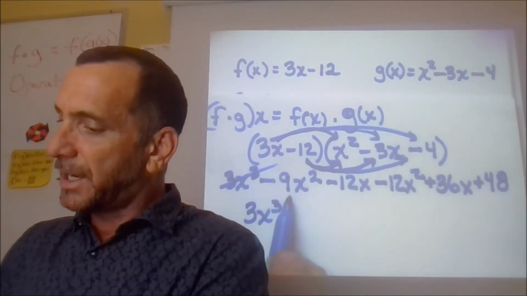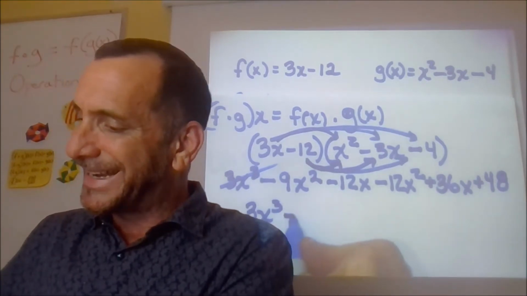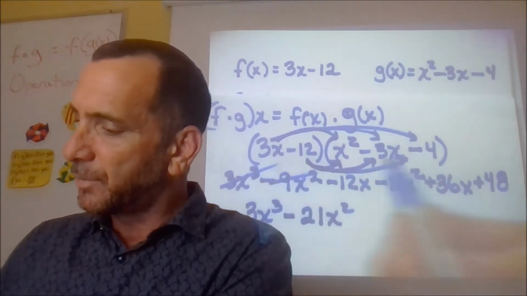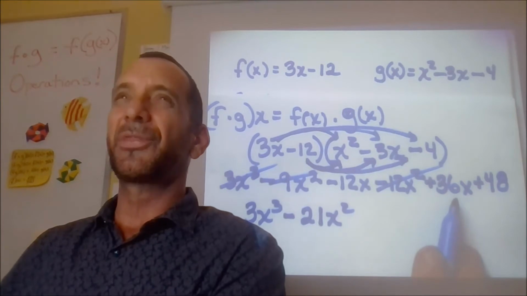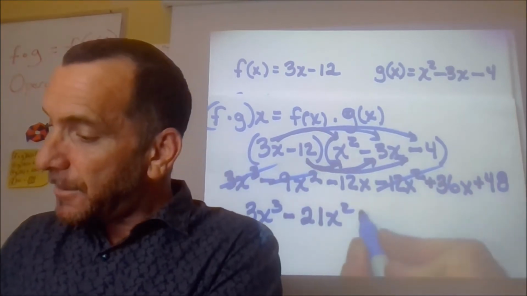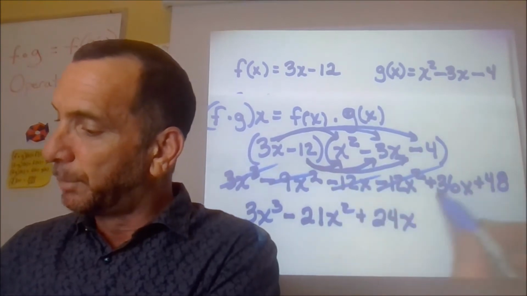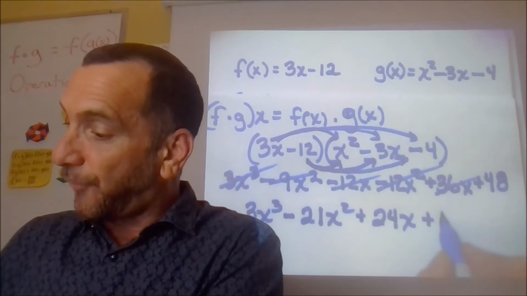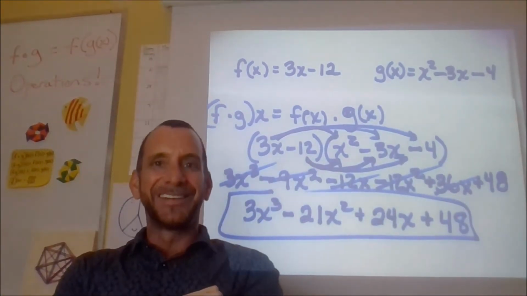Okay, negative 9x squared minus 12x squared is a negative 21x squared. Done with the x squareds. Negative 12x plus 36x. Oh, that gives me a plus 24x. Boom, boom, and a plus 48. Done.